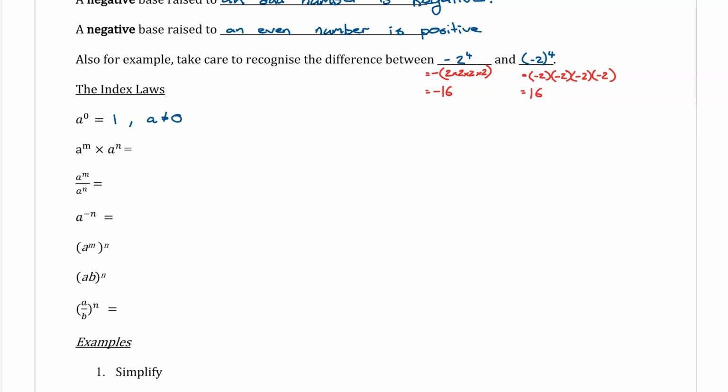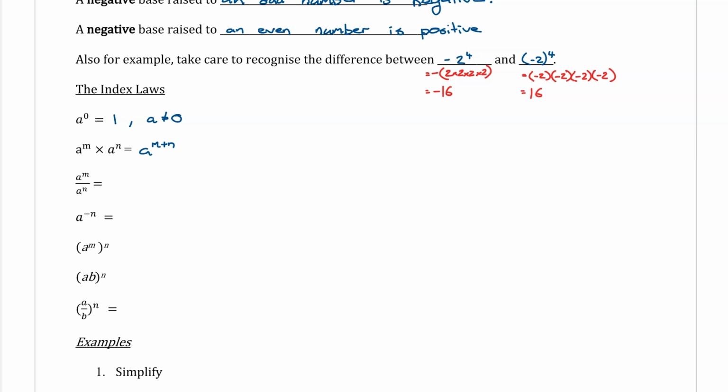And going down, we've got a to the power of m times a to the power of n. When we have a situation like this, the base will be the same, and it will become a to the power of m plus n. So we add the two powers together. Conversely, with division, we've got a to the power of m divided by a to the power of n.